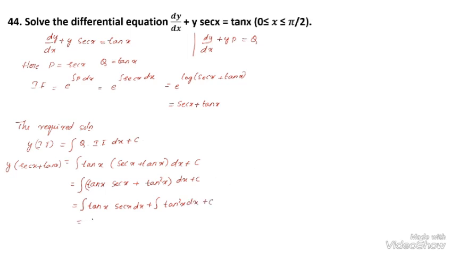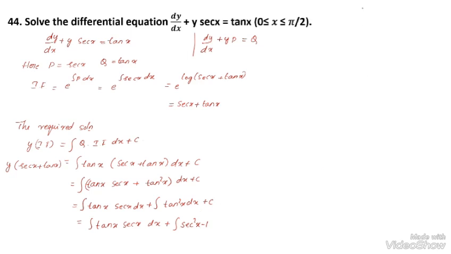For tan square x there is no formula, that's why I'm taking the formula sec square x minus 1.